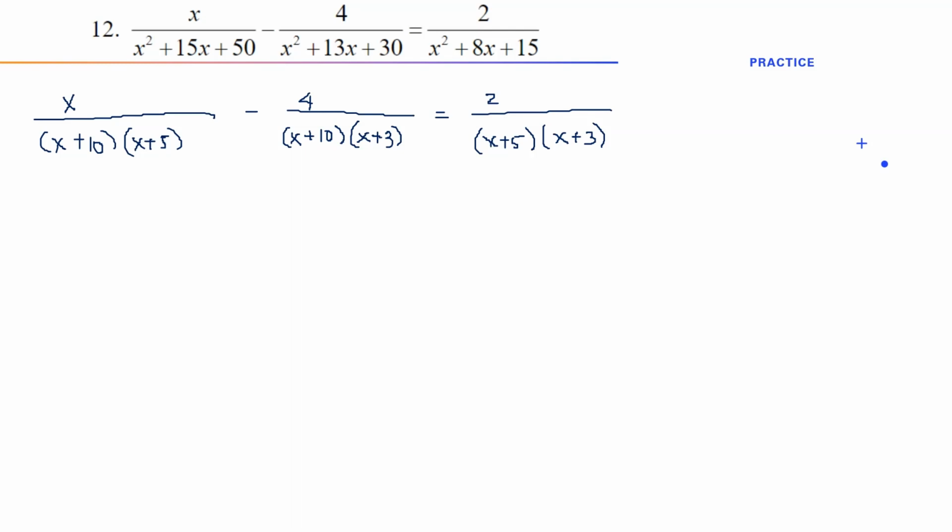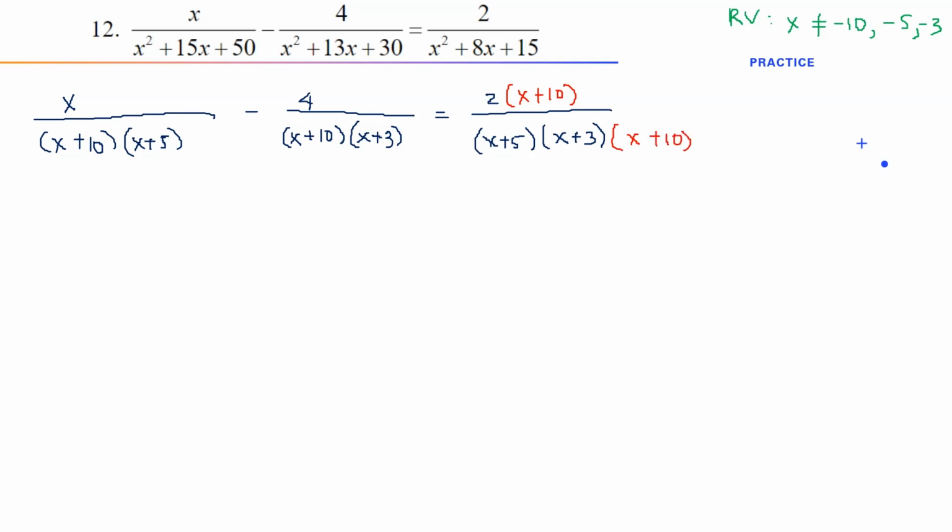Alright, now restricted value. X have to be different from -10, -5, and -3. So we see that they have some common factor at the denominator. So x plus 10, x plus 10, and here x plus 10 doesn't have it, so add it. So multiply with x plus 10, top and bottom.